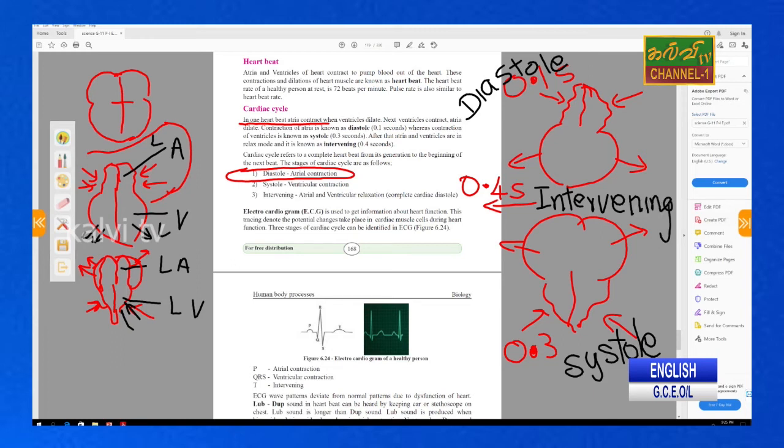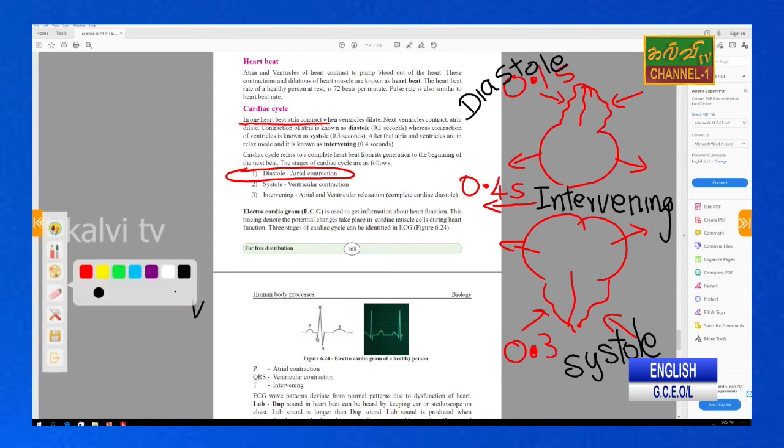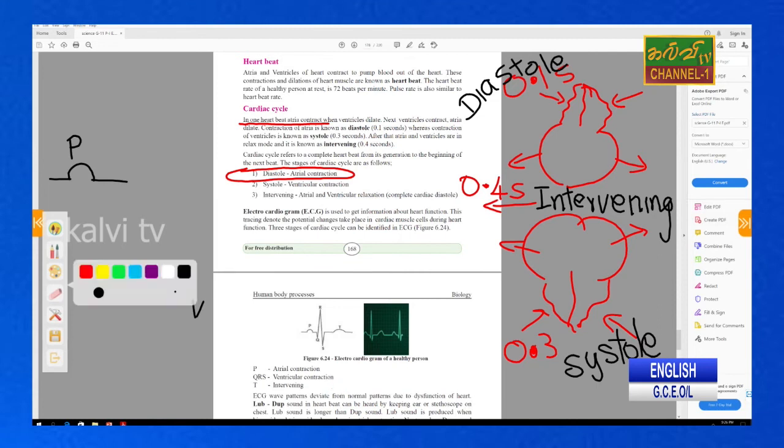Right? So they have mentioned it in the graph also. We will discuss it. What is that? In the graph, the small wave is called P. P means atrial contraction. That indicates the atrial.